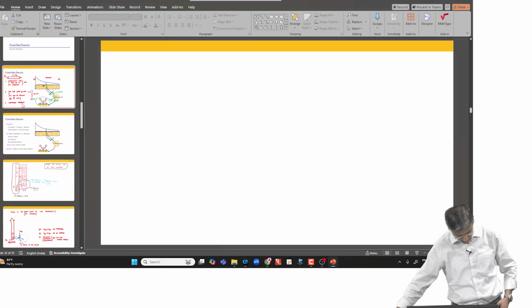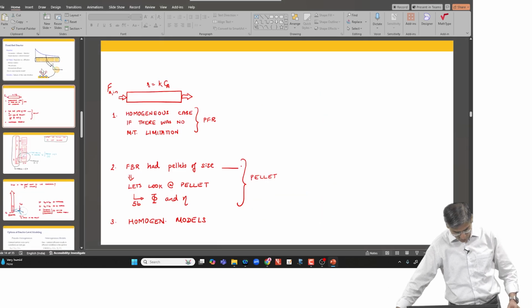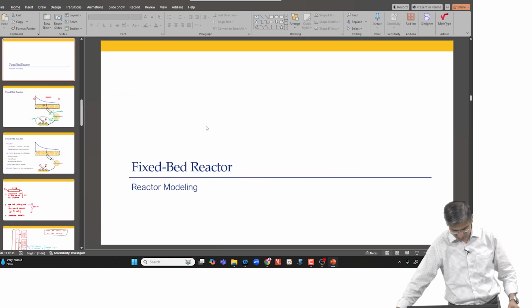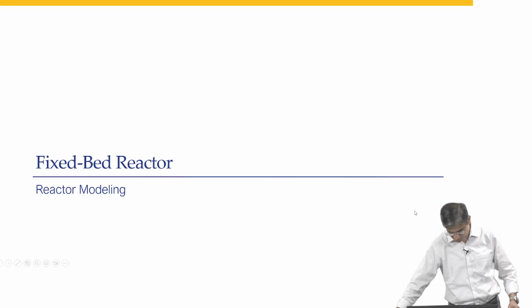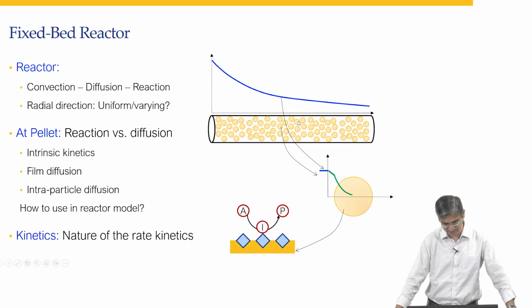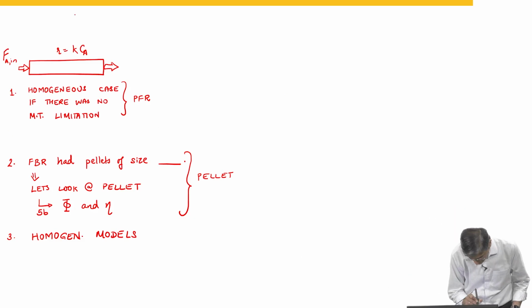suggestion for you. I'll just move this a little bit so that it will be easier for you to read after this. Okay. So just to go over fixed bed modeling, we've talked about the fixed bed. We talked of the various processes in the fixed bed. Then we are going to talk about the example.